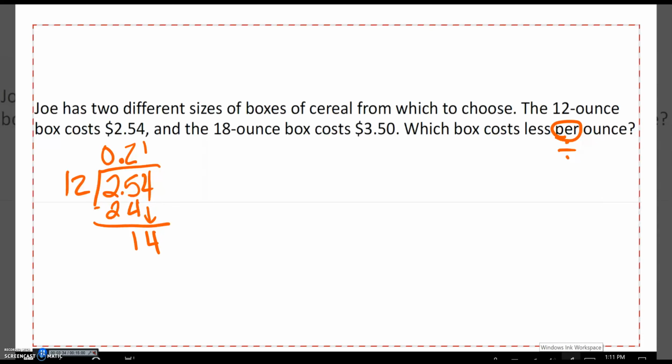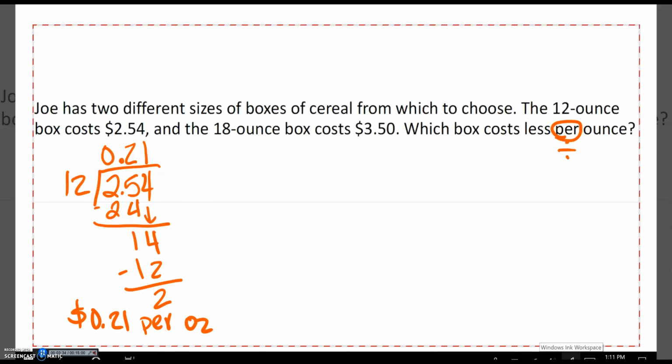It's going to go into 14 once, which is 12. I subtract, I get 2. Now, we're talking about money. If I keep going, it's going to be less than 5. So we're going to stop there because money is going to go to the hundredths place, right? So that's going to make box 1 21 cents per ounce.